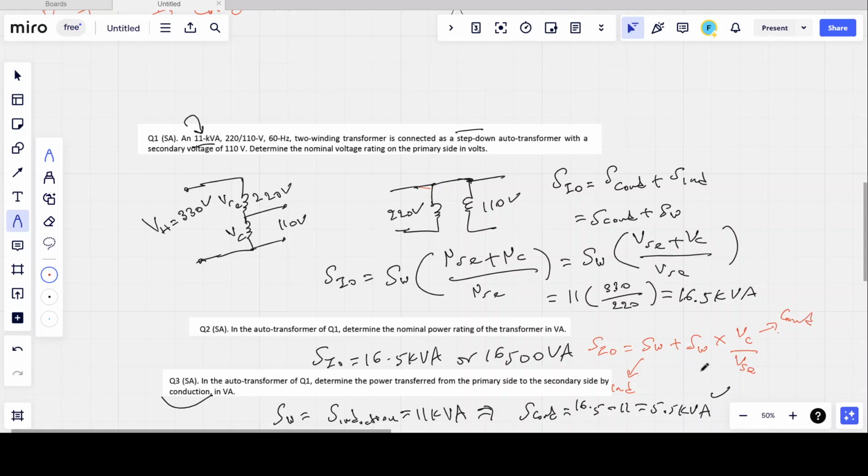So SW, which is 11, times VC, which is 110, divided by VSE, which is 220, I should get the same power transferred by conduction.